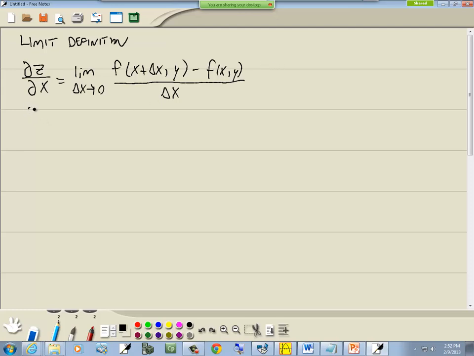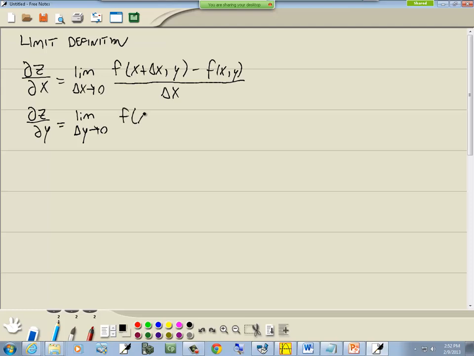And we also have the partial of z with respect to y. Now, we've been using a shortcut on these, but this is how they derive some of these original formulas and prove that you can do them with respect to a certain variable.